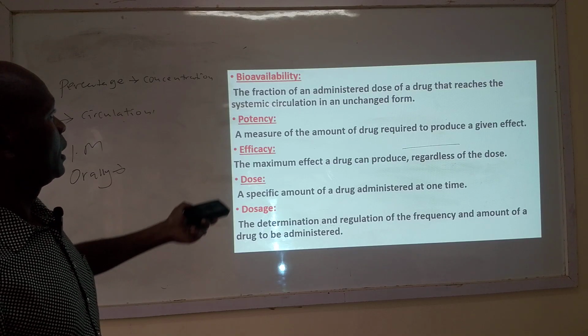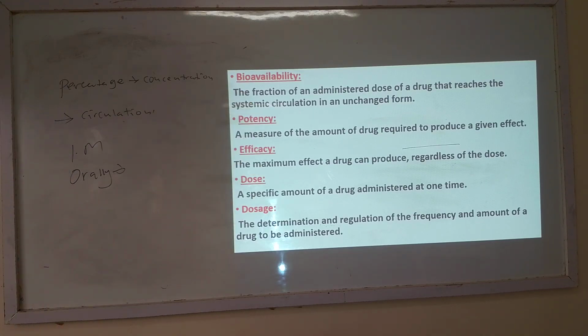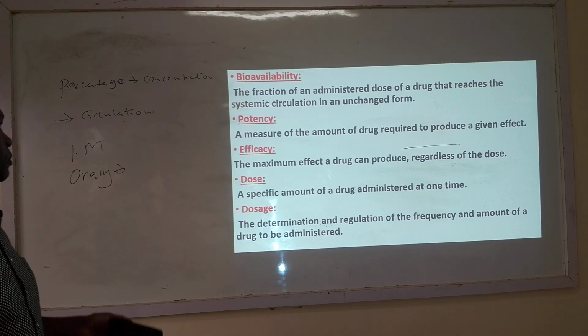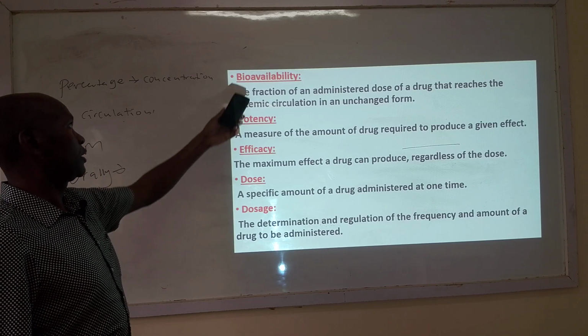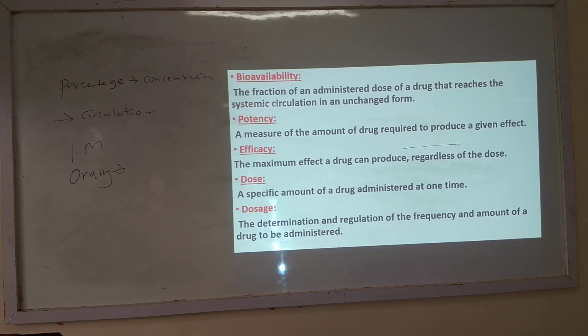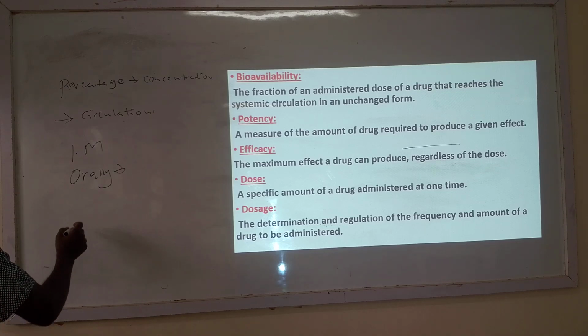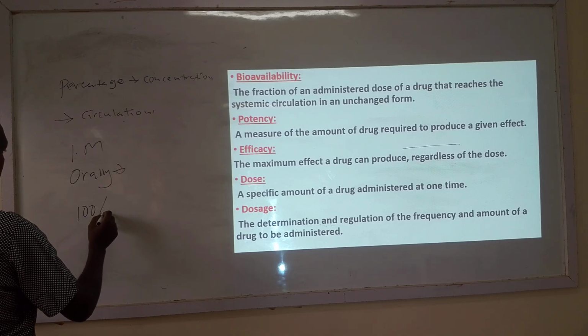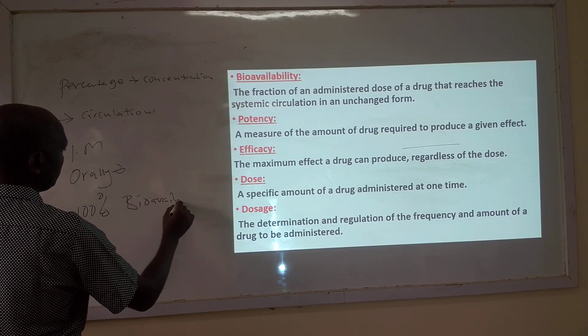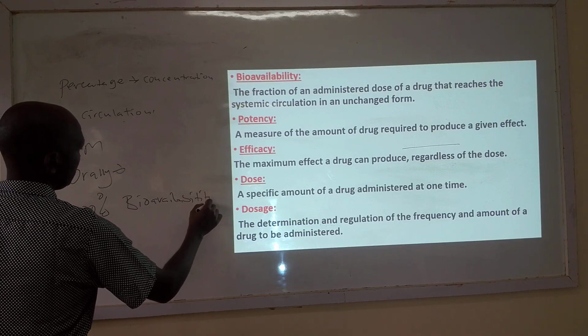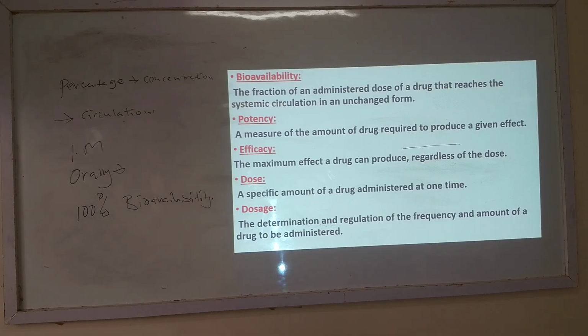So this fraction of the drug that will be able to reach our circulation unchanged is what we call bioavailability. So if you have a drug that has 100% bioavailability, then it means the whole of your drug can access circulation unchanged, and it's a good drug for that case.